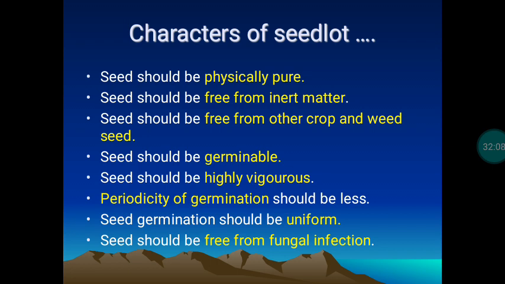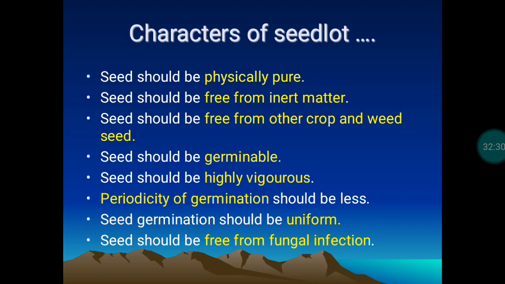I can tell you clearly, if you say a seed is germinable, it means that germination is defined as the ability of the seed to give rise to a normal seedling under favorable conditions. Normal seedling, that word is underlined. Favorable condition, that word is also underlined.